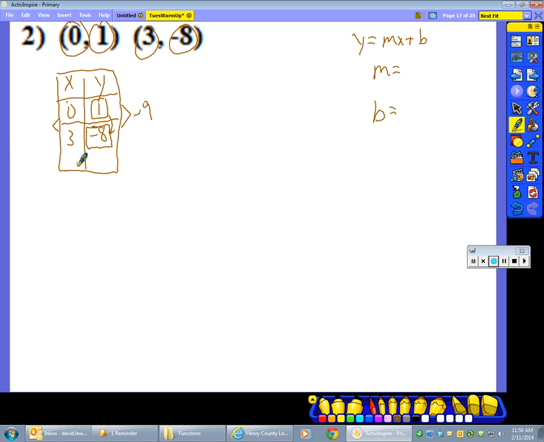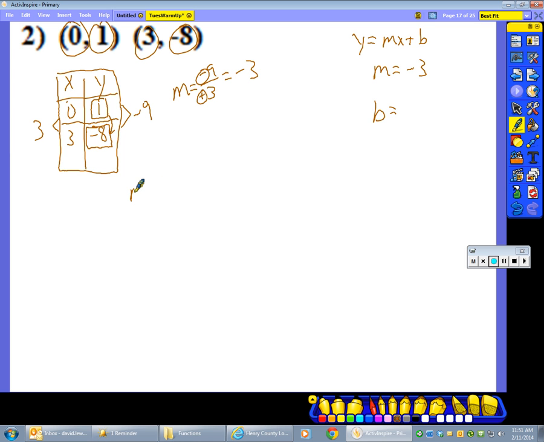The difference between 0 and 3 is just 3. So my slope, my rate of change, is negative 9 over 3, but this can be simplified. A negative divided by a positive is going to be a negative, and 9 divided by 3 is 3. So my slope in this case is negative 3.